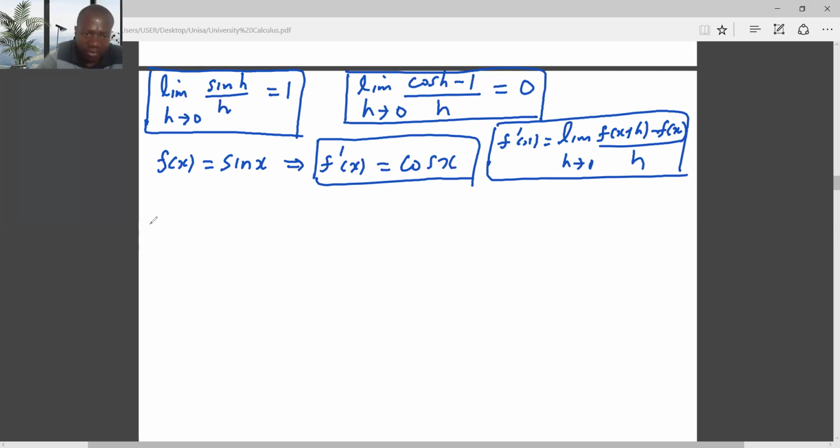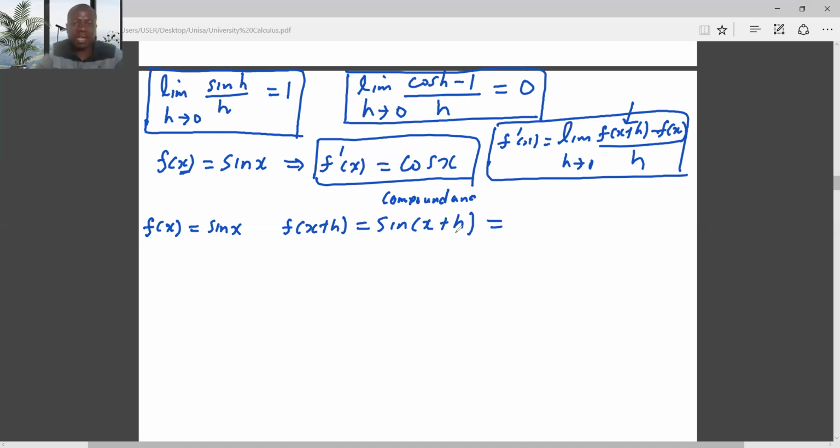And to do that, guys, we do this. We know f of x is sine x. Then now, what is f of x plus h? Obviously, we want these two. So f of x plus h means where there is x, we put x plus h. But if you look at this, it is now a compound angle, so we need to use the compound angle for sine.